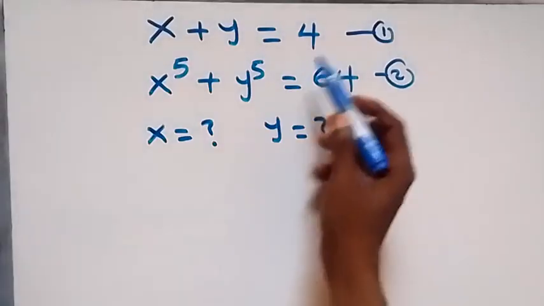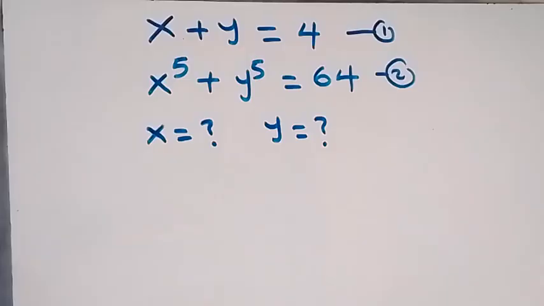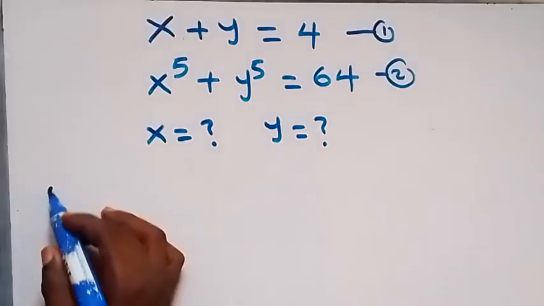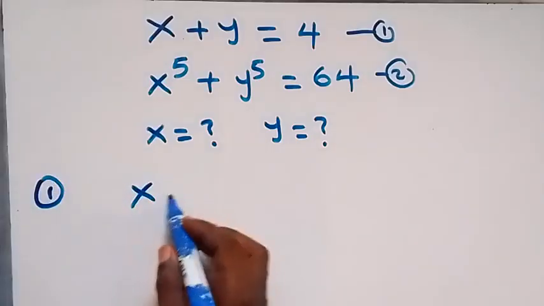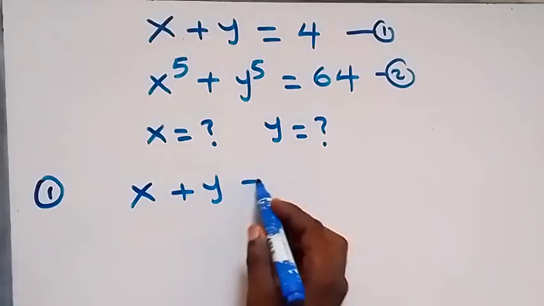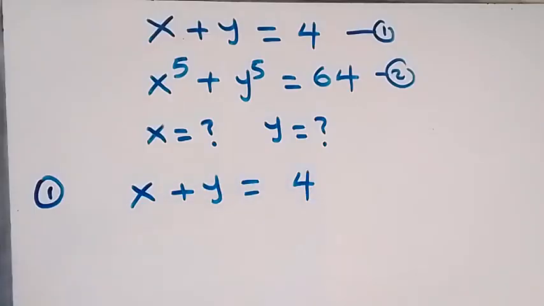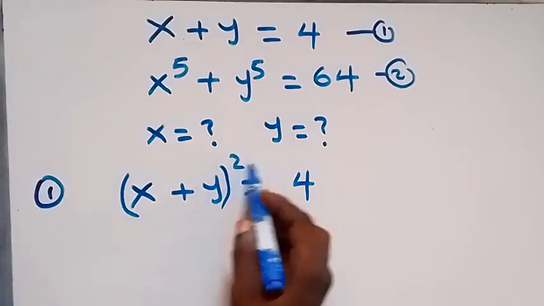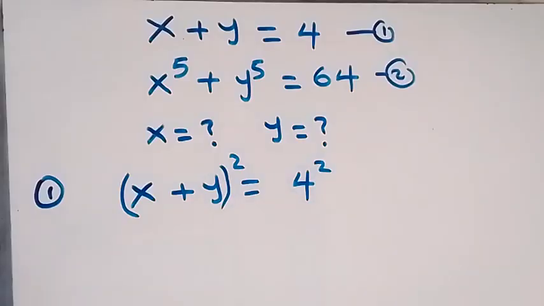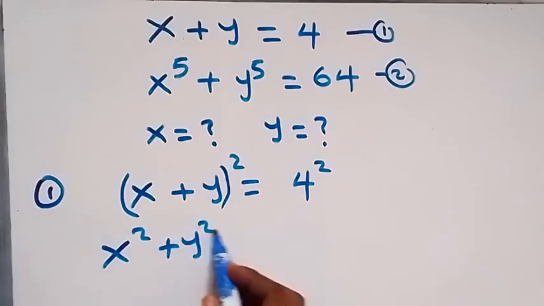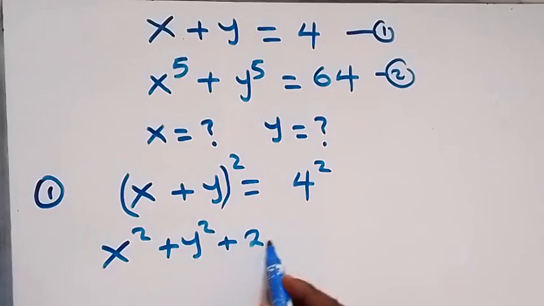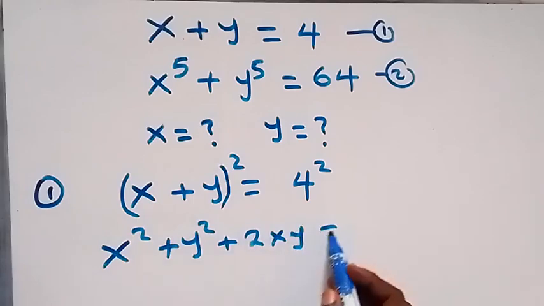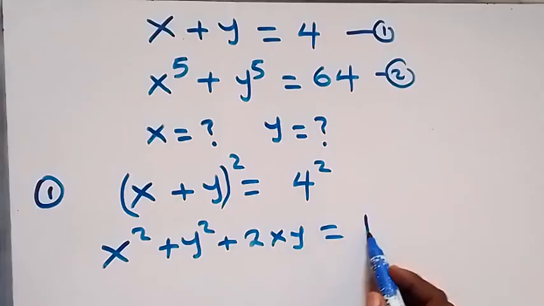So let's label this as equation 1, this as equation 2. From equation 1, we have x plus y equals 4. From here, let's square both sides. The expansion of this will give x squared plus y squared plus 2xy, which equals 4 squared, 4 times 4, that's 16.